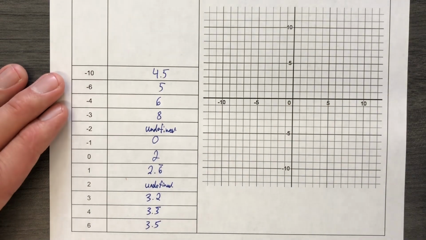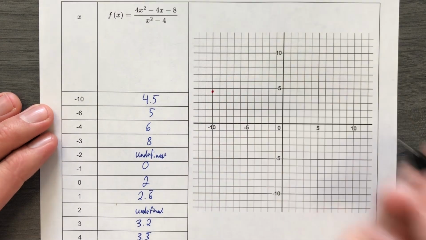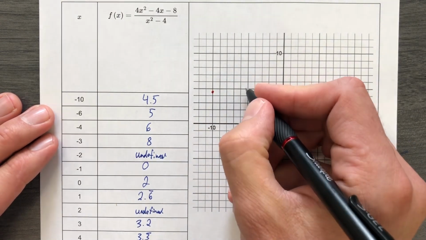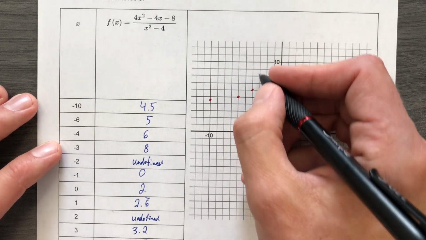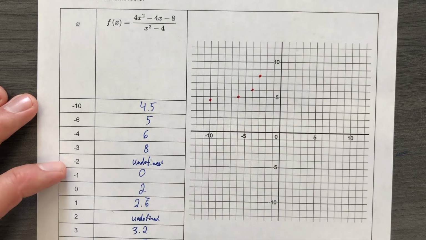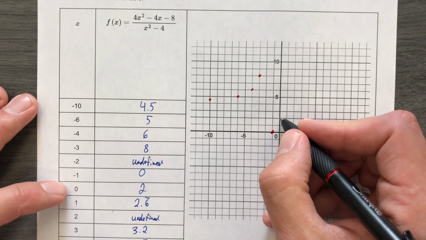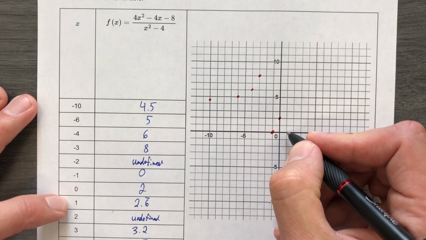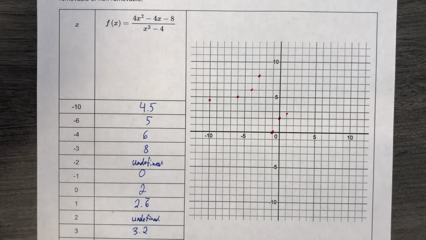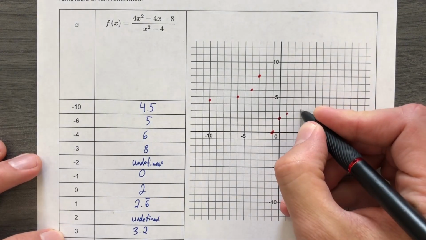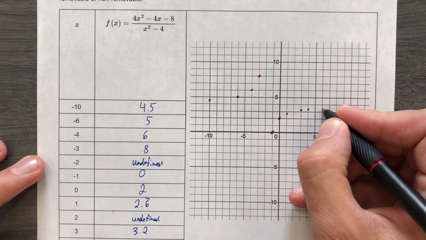Okay. This is going to be an interesting graph. Let's plot the points that we do have, and then we'll go from there. So -10, 4.5, if you want to graph it on a calculator or Desmos, feel free. -6, 5. -4, 6. -3, 8. -2, don't put anything there. -1, 0. 0, 2. 1, and then 2 and 2/3, so about right there. 2 doesn't exist. 3 is at 3.2. 4 is at 3.3 repeating, and then 6 is at 3.5.